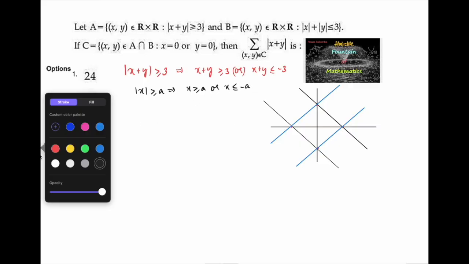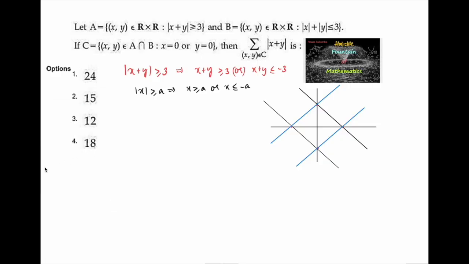So here in this case, we can say the line x plus y is equal to 3, this line with the positive intercepts, so 3 comma 0 and 0 comma 3, and x plus y less than or equal to minus 3, so x plus y is equal to negative 3 with the negative intercepts on x-axis and y-axis.